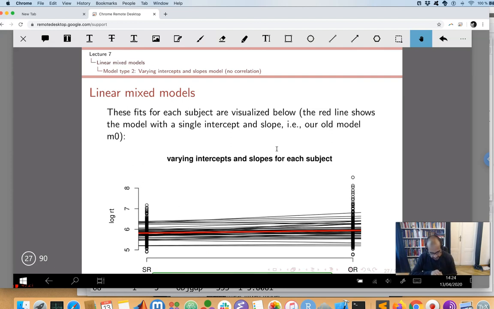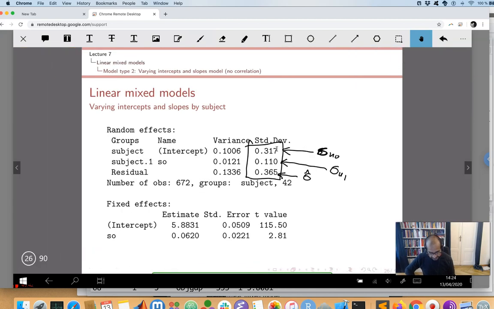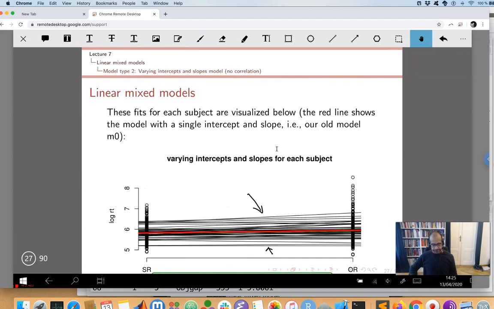These subjects have a bigger slope, and these subjects have a smaller slope. It's not very easy to see on this log scale, but I'm sure you can tell that there's a slight variation in the angle of the lines, and that's telling you what the slope is. So there's some between subject variability, and that variability is being estimated by this standard deviation here. So this is the varying intercepts and varying slopes model.